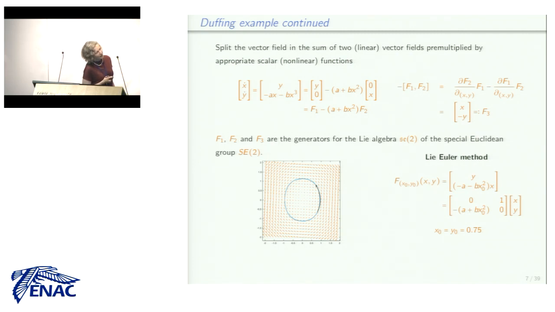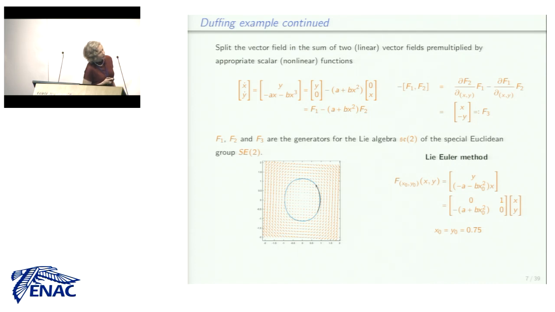What do you do with a very simple Lie group integrator? Instead of propagating your flow along the constant direction, along the tangent, you are propagating along a linear vector field. And the linear vector field is obtained as follows.